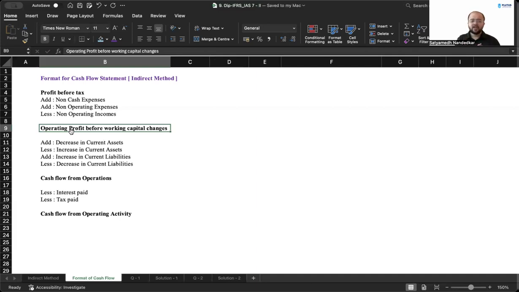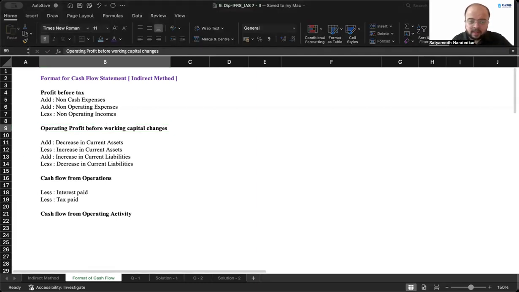What are working capital changes? Working capital is basically funds that are required for running the day-to-day operations of the business. When you do financial management, you will learn more about working capital. But working capital is basically funds blocked in your day-to-day business activity, funds required for your day-to-day business activity.